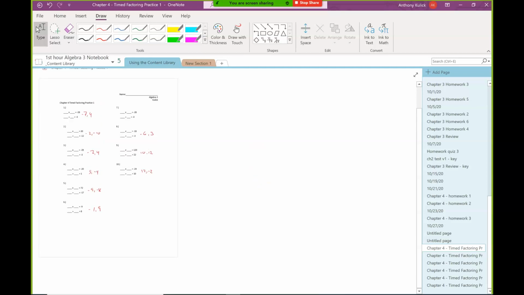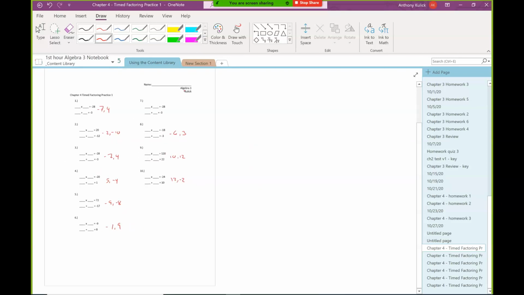Oh, did I miss one again? Do I have the same problem on there three times? I am a moron sometimes, guys. Goodness gracious. 12 and -2.